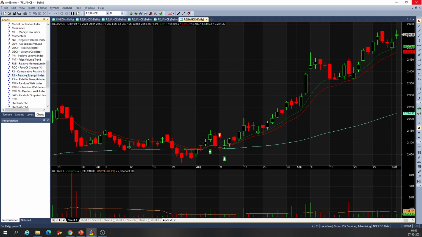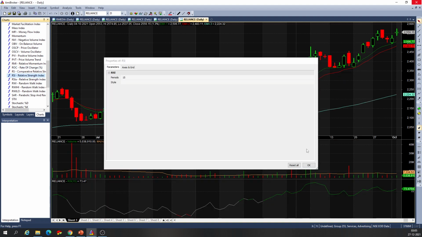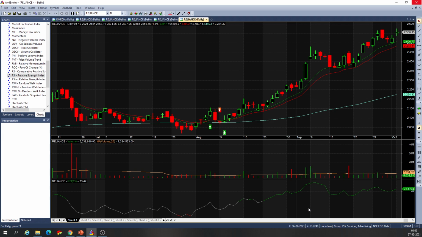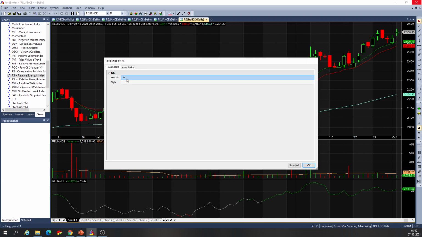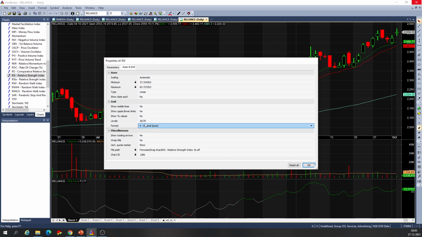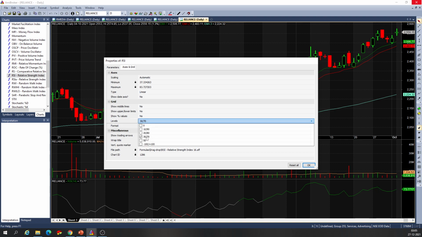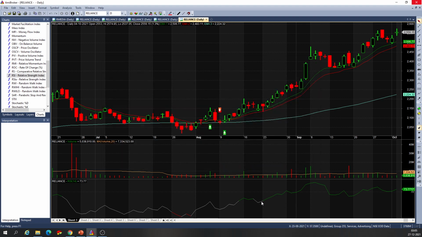So here we have the RSI, this is our RSI. If you see in the parameters, it's RSI 15, so just change it to 14. Okay, and then the levels are 70 30, it's already chosen, so this is what it is.